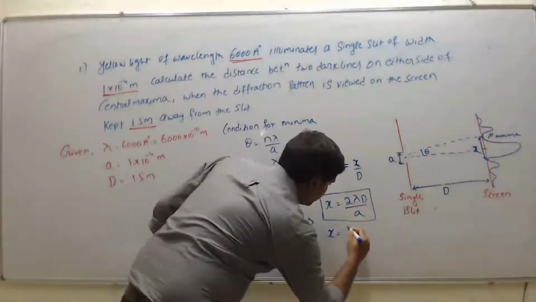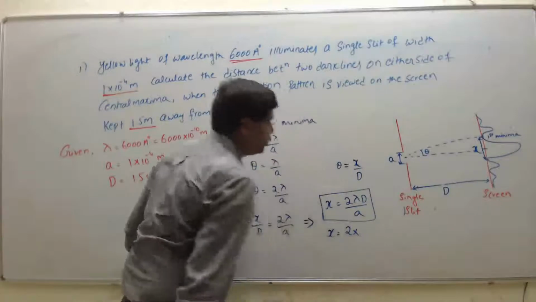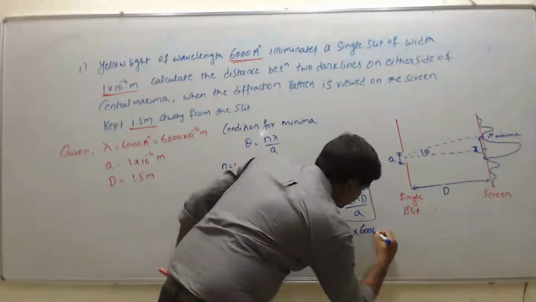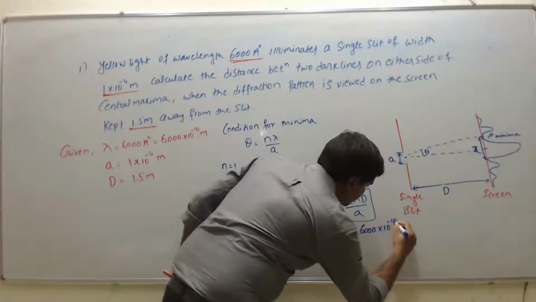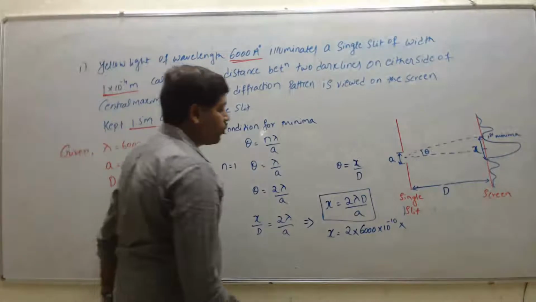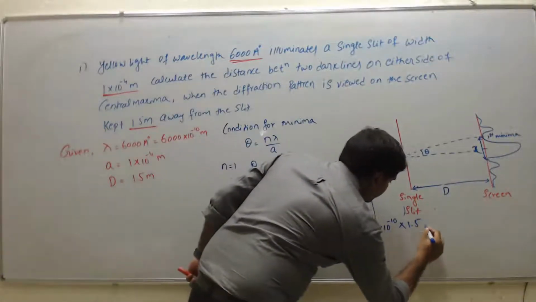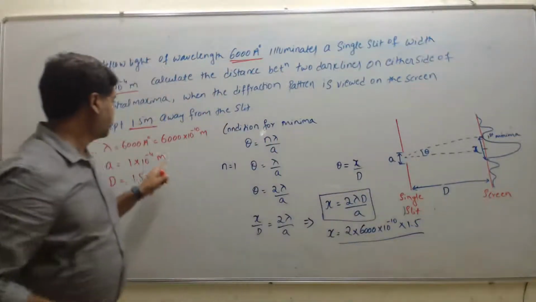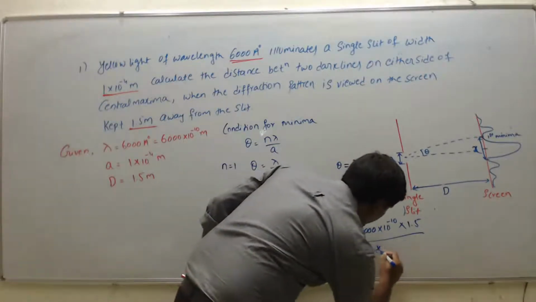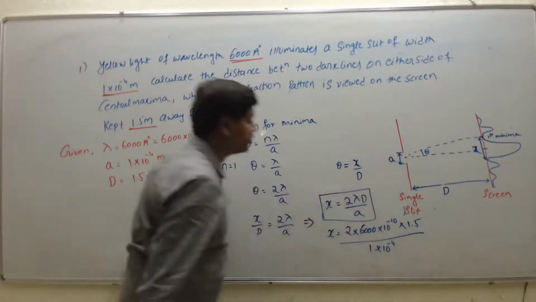If we substitute, x is equal to 2 into lambda, which is 6000 into 10 to the power of minus 10, into the value of d, they gave 1.5 meter, divided by the slit width, 1 into 10 to the power of minus 4.